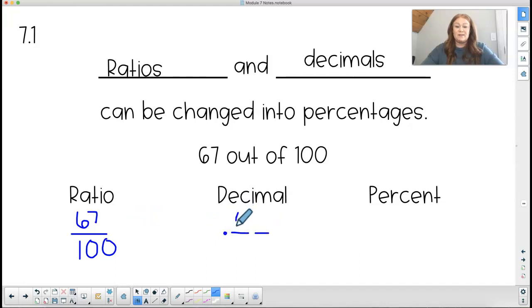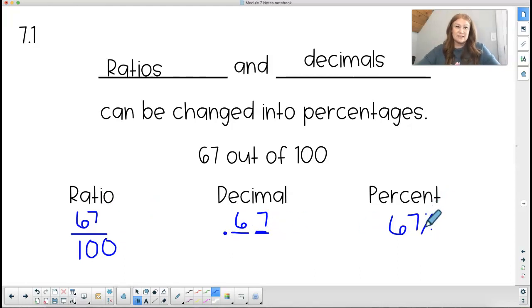So here I would have 67 hundredths. And then I want it out of 100, 67 out of 100. This is 67 hundredths. All of these are still 67 right there, 67%. So in all of these, you can see 67 and out of 100.